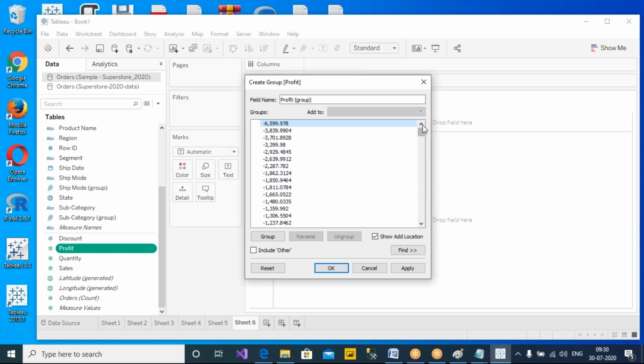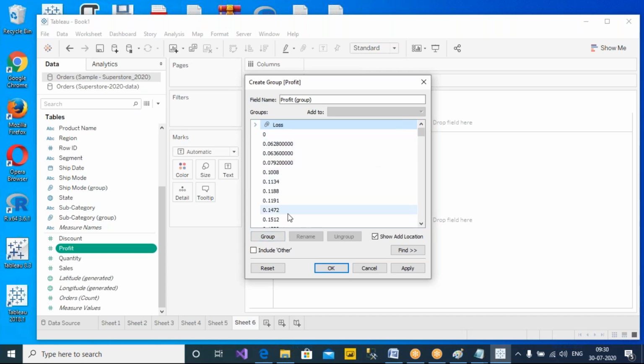Click on that and go to this group here, until you find only the negative numbers, select them and click on group, and I would like to call this my loss. When I sold something, I got a loss as well.